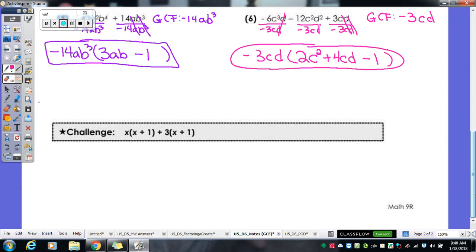So let's take a look at this challenge question for a second. This one is set up a little different from the ones we've been looking at. Does anybody think they can see what our GCF is? There's no 3 with the first one. It's not 1. It's everything in the parentheses. X plus 1 would be your GCF this time.